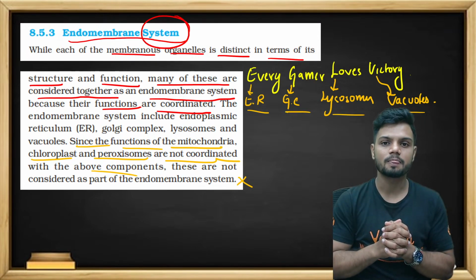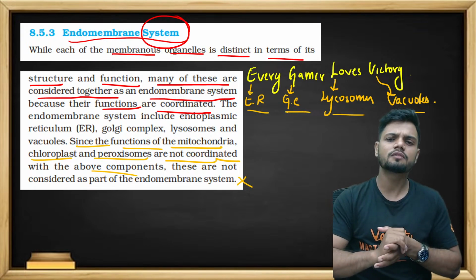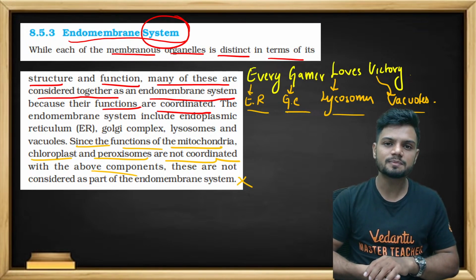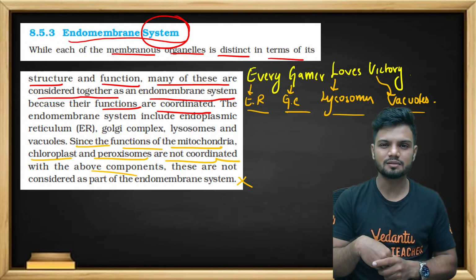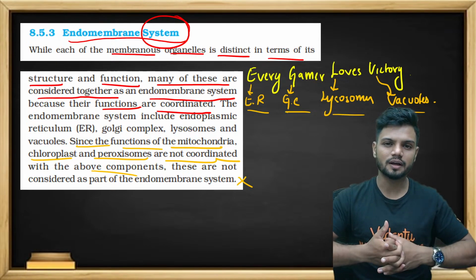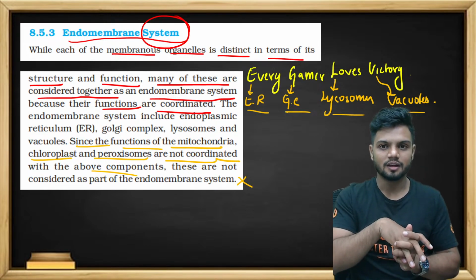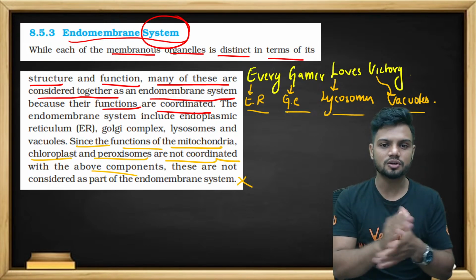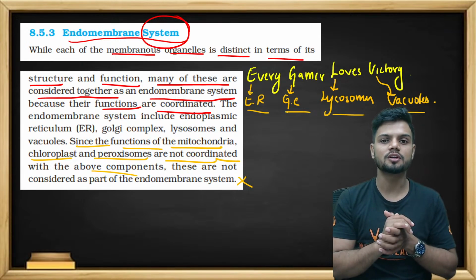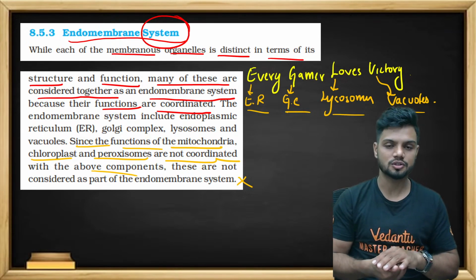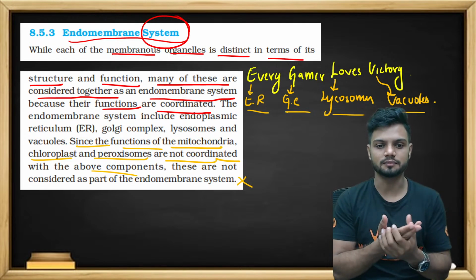Even though you might be coming from different locations, even though your habits might be different, somehow you will have that one connection which will hold your team together. This is a team with different structures, but their functions are coordinated.